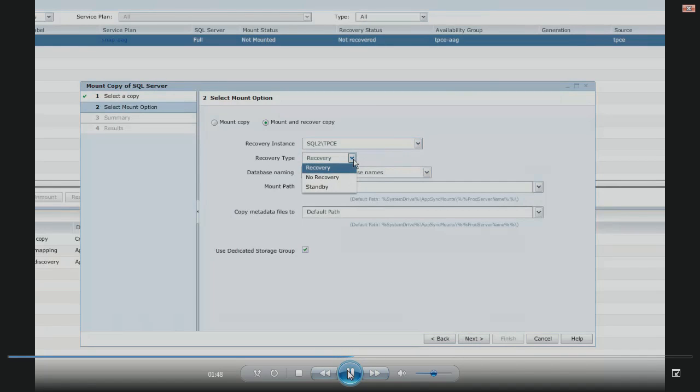Now, it's important when I mount to say when I want to recover the database, I only want to do partial recovery. Because as you know, with Always On, you need to recover the database partially so it can continue to receive log backups.